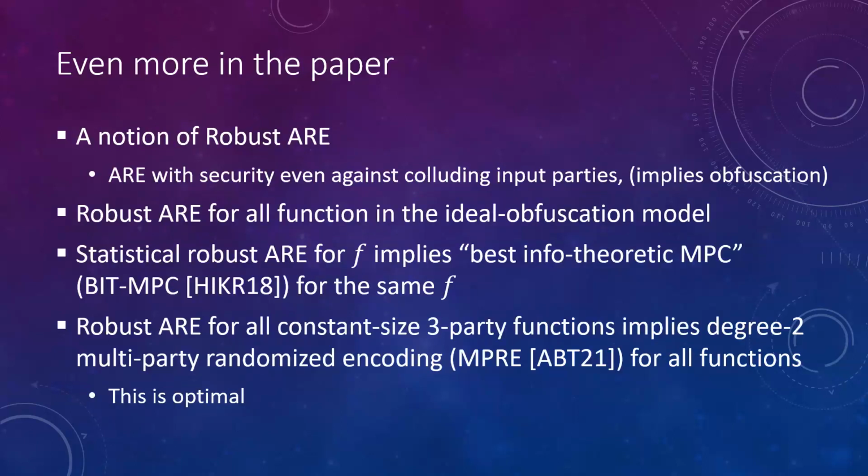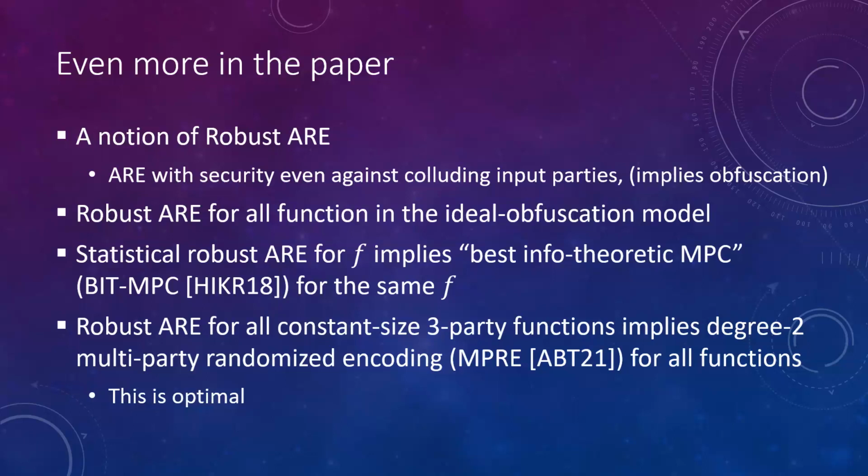Even more things. We have this notion of robust ARE, where you want security even against a collusion of your evaluator with the input parties. As I said, it implies obfuscation. We can build it in the ideal obfuscation model. We show that statistical robust ARE for a function implies this notion of best information theoretic security for the same function.